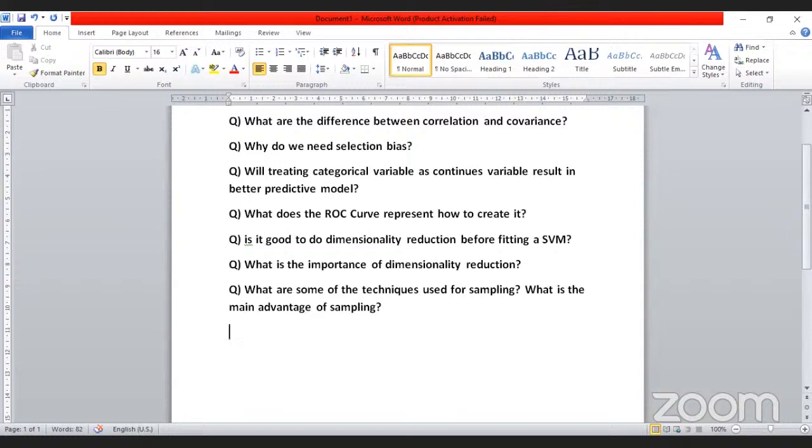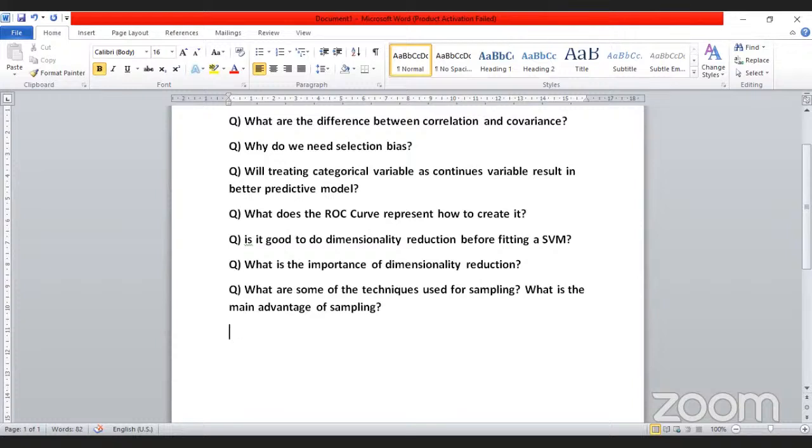The sampling techniques are probability sampling and non-probability sampling. In probability sampling, we consider cluster sampling, simple random sampling, and stratified sampling.